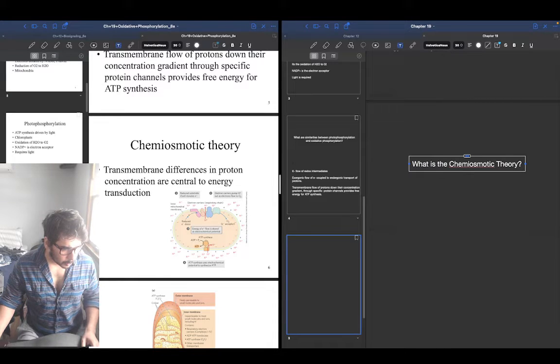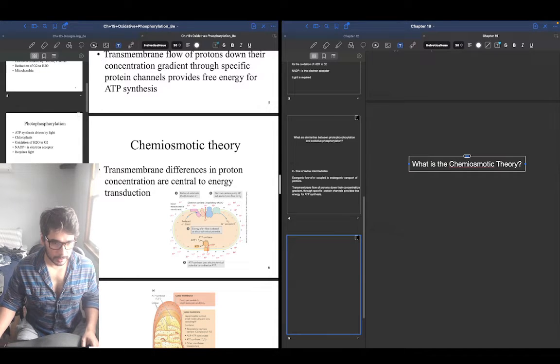So let's keep scrolling. Searching for the chemiosmotic theory. And if the book doesn't cover it, a simple Google search always helps to know what exactly it's saying, because that slide doesn't really explain much.